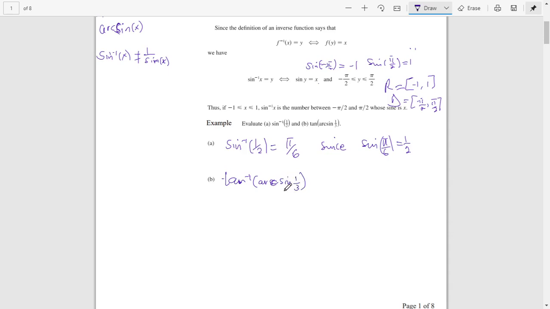Now arcsine of 1/3 is not really a number I can say ordinarily. It's not gotten from one of the special angles. However, I know that the range of inverse sine is going to give me an angle. This would give me an angle.